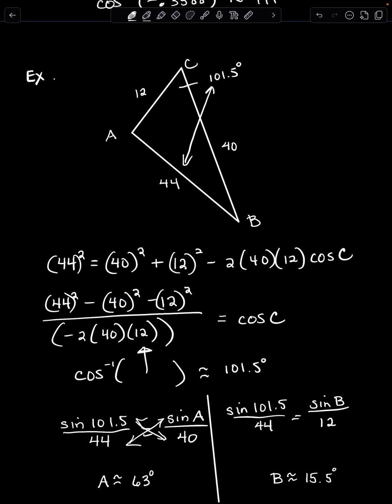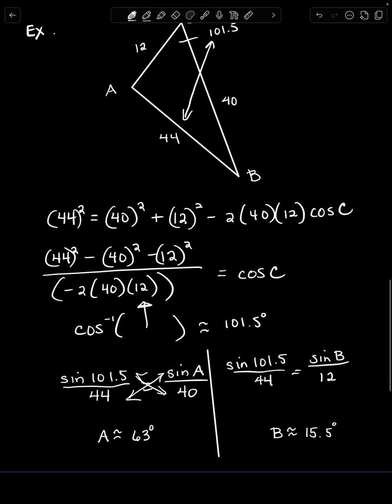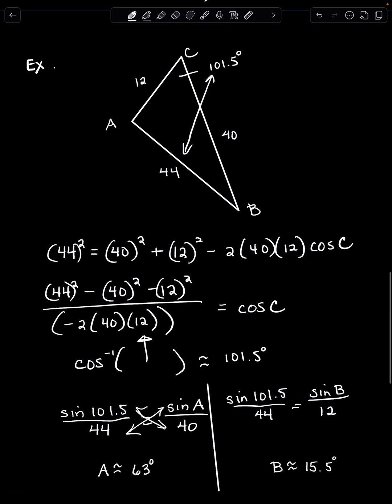Okay? And the only thing that I want to make a note of here is that when you're given 3 sides of a triangle, you know you have to use the law of cosines to solve that for the first angle. All right, we chose to use the law of sines to find the other 2 angles. Remember that the law of sines has ambiguity, which means there's an ambiguous case involved. To avoid that, find the biggest angle first, because the law of cosines doesn't have ambiguity.